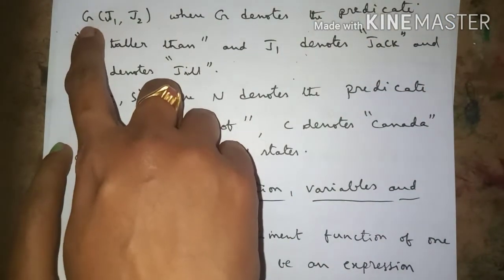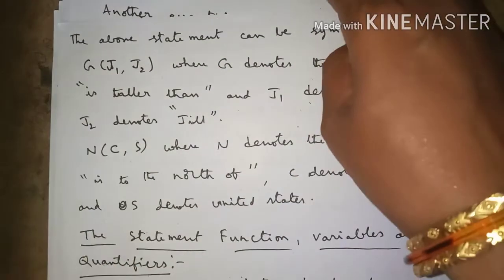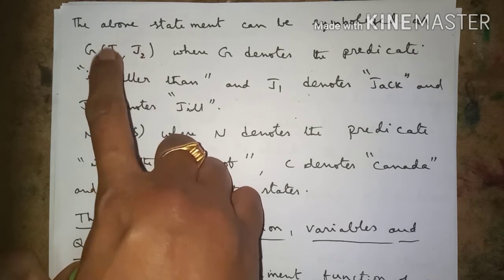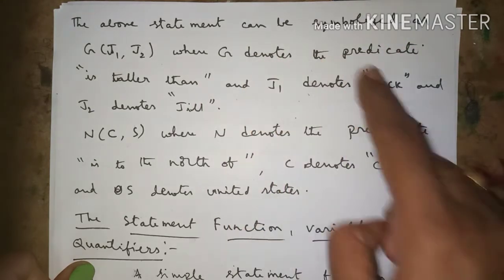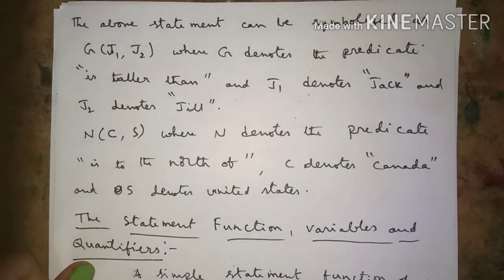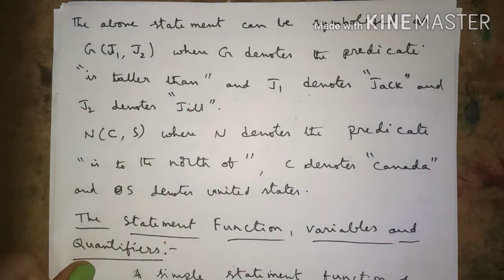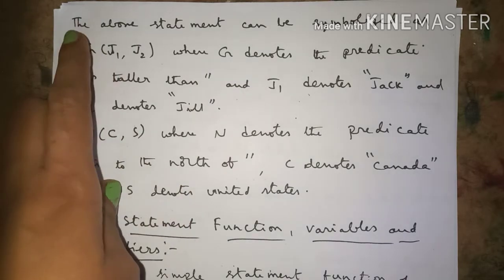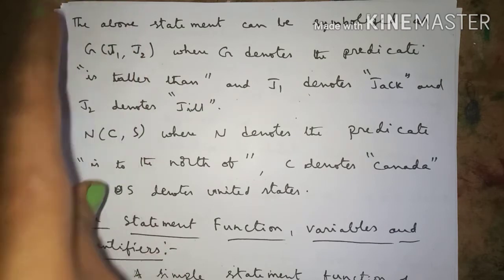The above statement can be symbolized as G of J1, J2, where G denotes the predicate is taller than, J1 denotes Jack and J2 denotes Jill. G of J1, J2 means Jack is taller than Jill.